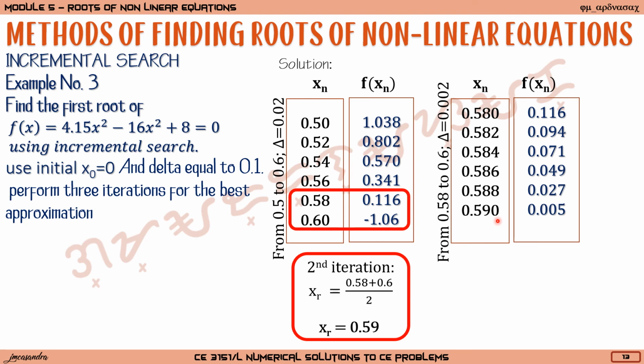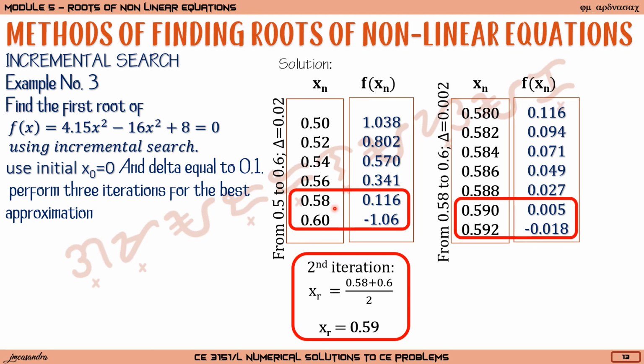So wala pa ring change in sign, wala ding nag-0. So dagdagan natin, we have 0.592, which will give us negative 0.01. So there's a change in sign convention. So therefore, we now have a smaller range of our limit for our root.